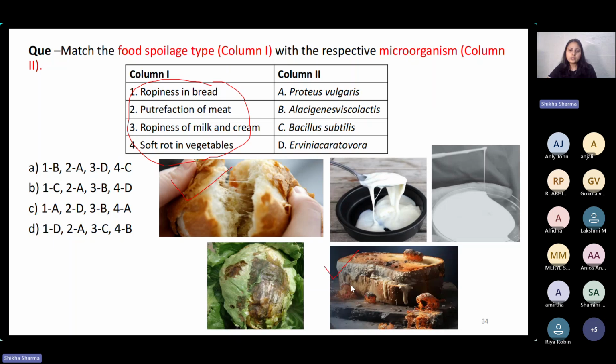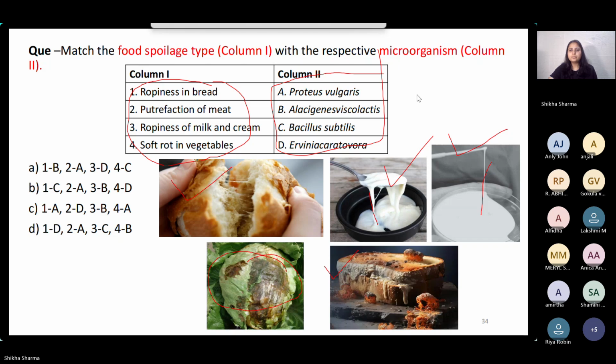Then ropiness of the milk and cream, where we can see a rope kind of formation. Then soft rot in vegetables, so this is soft rot in cabbage. In column 2, we have the spoilage causing microorganisms, so we need to match them here. Would anyone like to answer this question?